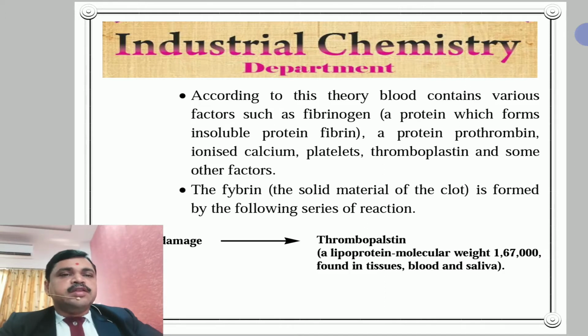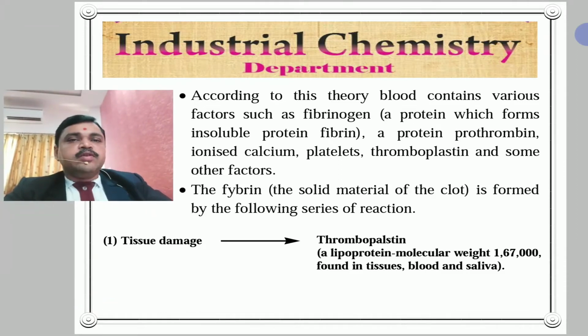The fibrin, the solid material of the clot, is formed by the following series of reactions. We stated above that the clotting of blood is a biochemical reaction, and it is described here. First of all, anywhere there is tissue damage, thromboplastin, a lipoprotein with molecular weight 167,000, is found in tissue, blood and saliva.